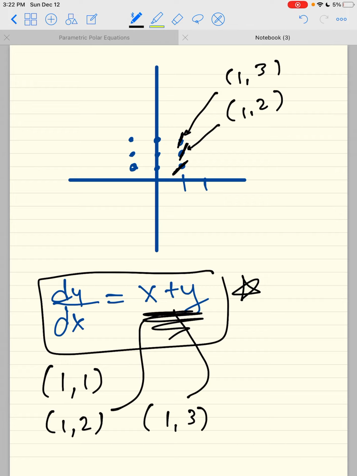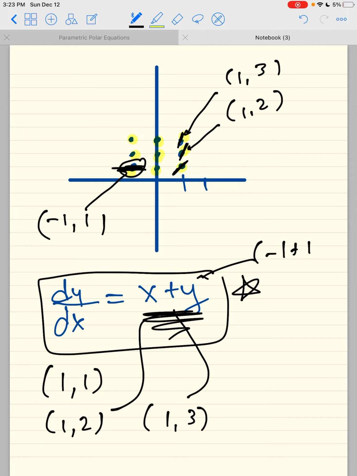So what the AP typically does is they give you 9 points and you just literally have to draw these lines. So let's say we wanted this point right here. This point here is negative 1 comma 1. Well, when you put negative 1 plus 1 into this, you're going to get a 0 slope. Great.